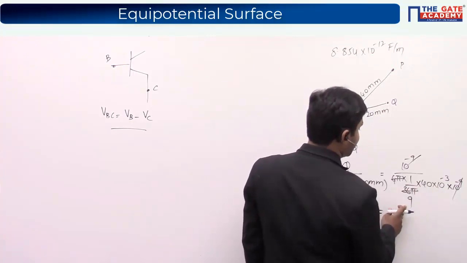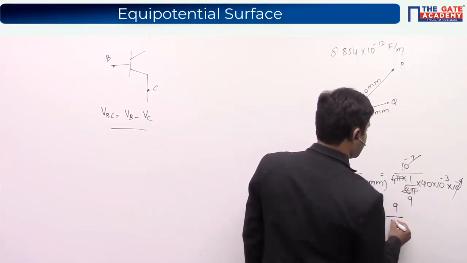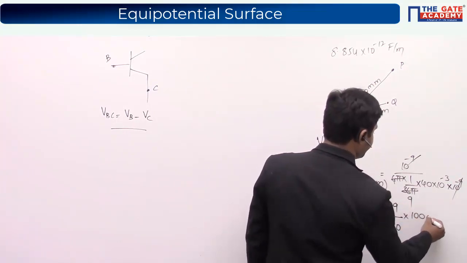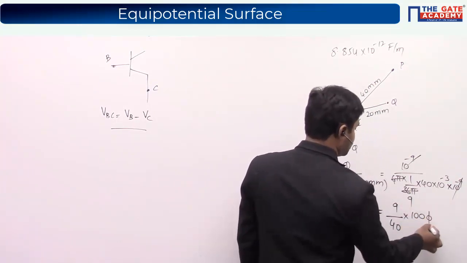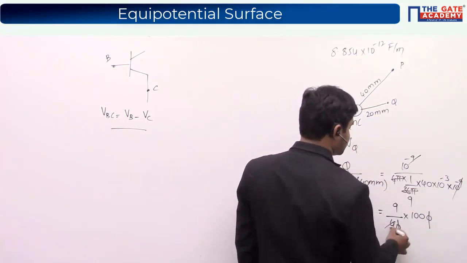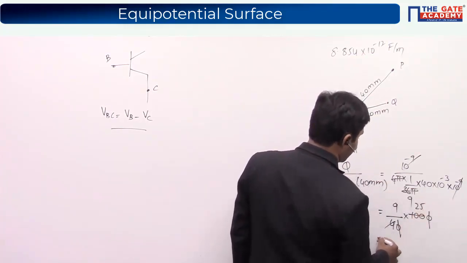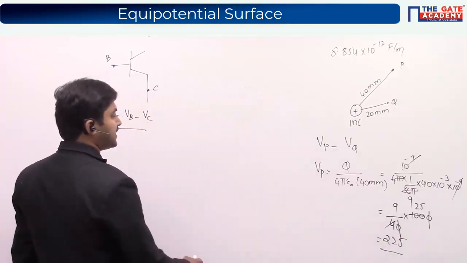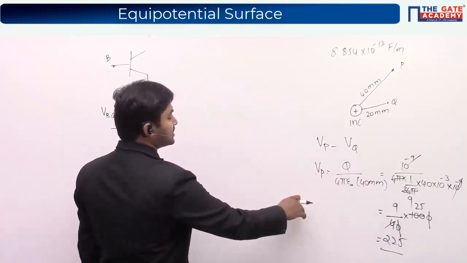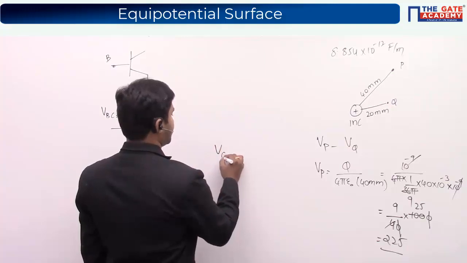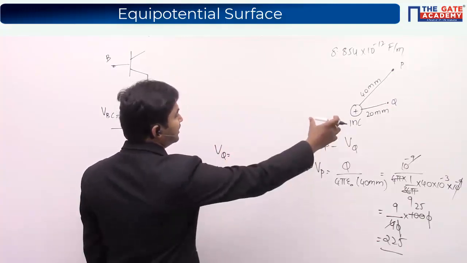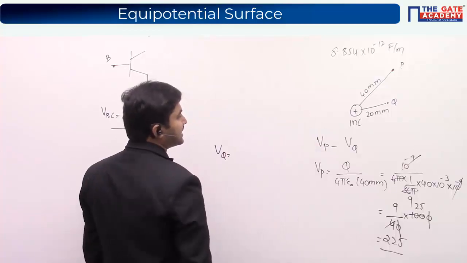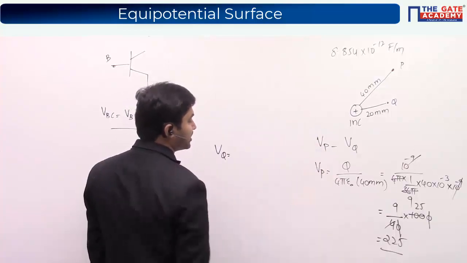So you'll have something like 9 by 40 into 1000. So the zero gets cancelled out, this is 25 times, so this value is going to be 225. This is VP. So what is VQ? VQ is at a lesser distance, exactly half the distance, and the potential is inversely proportional to distance.